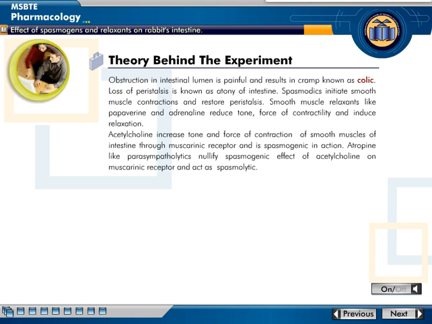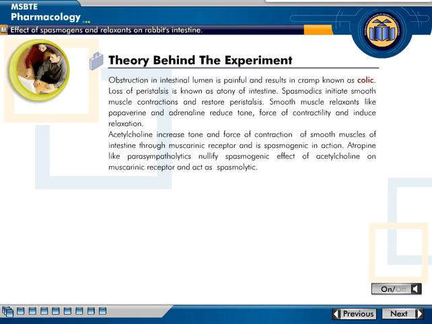Smooth muscle relaxants like adrenaline and papaverine reduce tone, force of contractility and induce relaxation. While acetylcholine increases tone and force of contraction of smooth muscles of intestine by acting on muscarinic receptor and is spasmogenic in action.